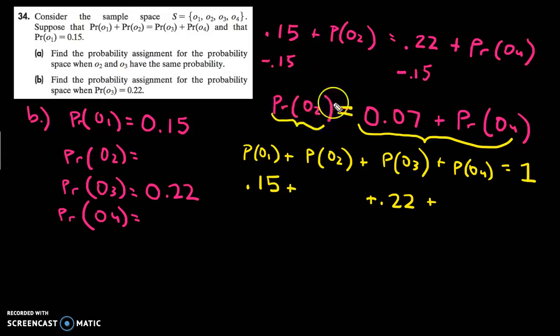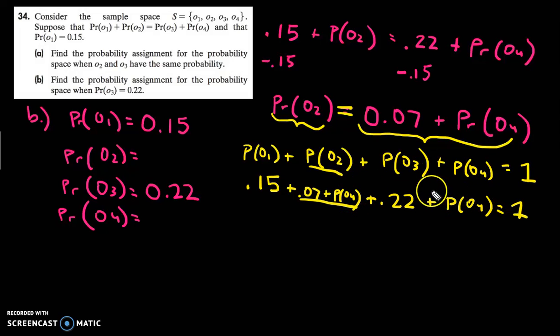So instead of putting this, I could replace it with this because they're the same as each other. That's what an equal sign means. So I know that the probability of outcome 2 is 7% plus outcome 4. So I'm replacing this with this. Why would I want to do that? Well, notice now I only have 1 unknown, just this probability of outcome 4. So I got it all down to 1 variable, basically.